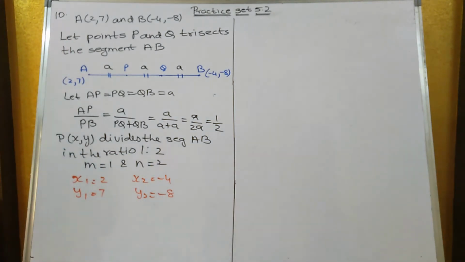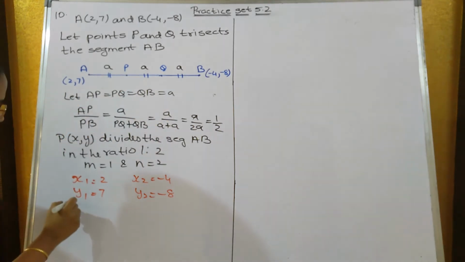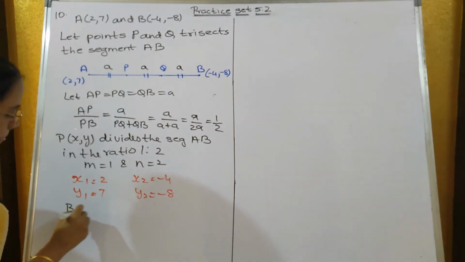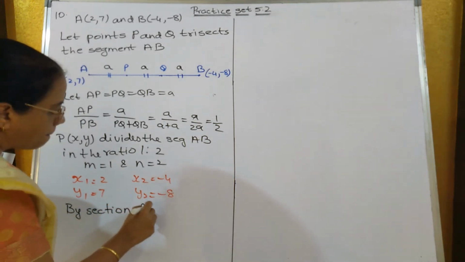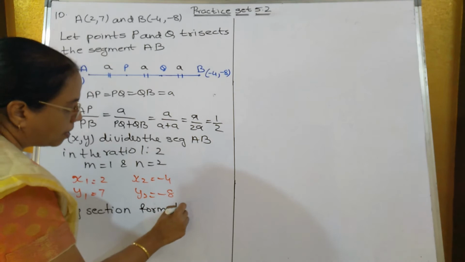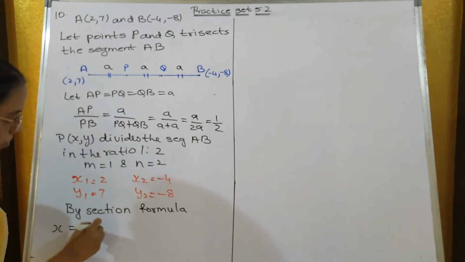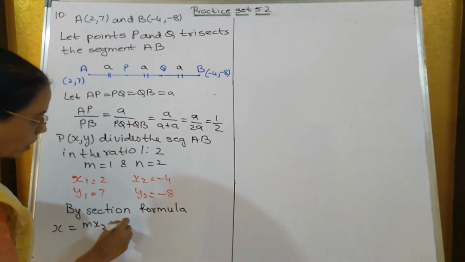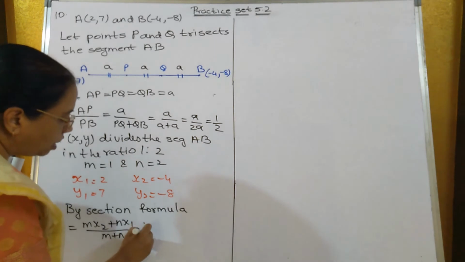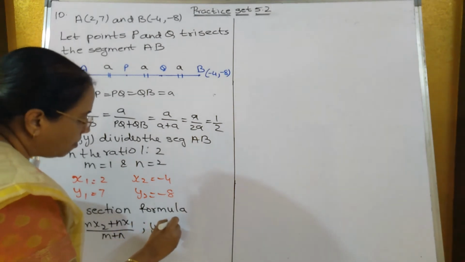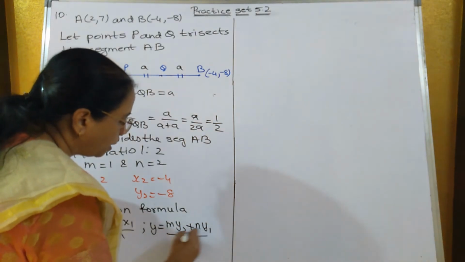Now by section formula we will find out the value of coordinates of P. So by section formula, what is x equal to? x is equal to (m x2 plus n x1) upon (m plus n). Similarly, y is equal to what? (m y2 plus n y1) upon (m plus n).